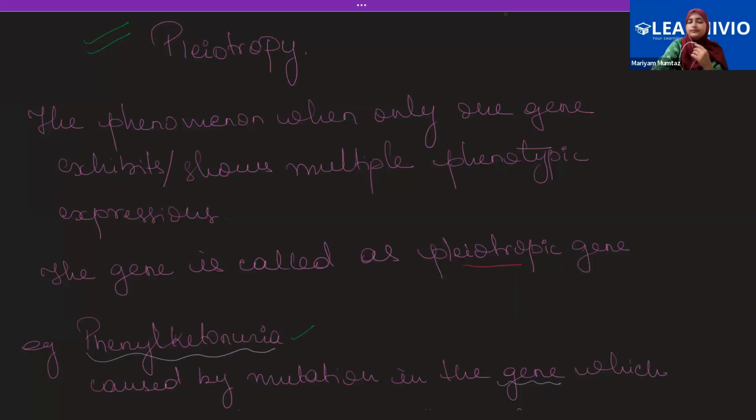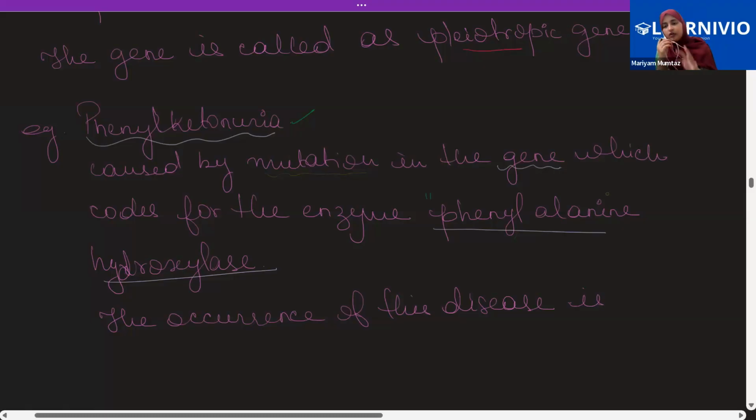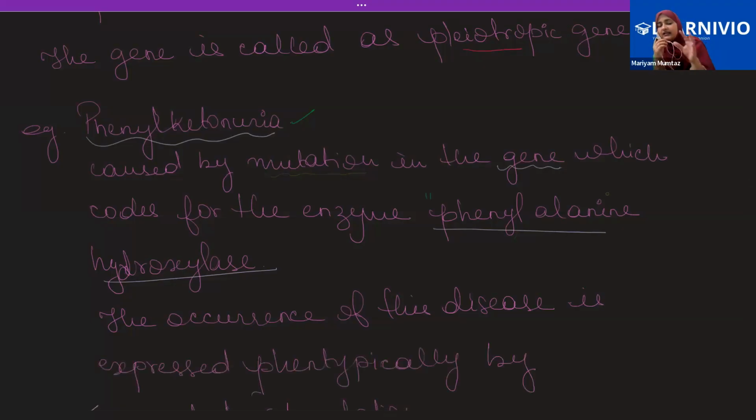For example, phenylketonuria. This is a disease. The name of the disease is phenylketonuria. Now, this disease is caused by the mutation in the gene that codes for the enzyme called phenylalanine hydroxylase. In a normal person, phenylalanine hydroxylase has to be synthesized.